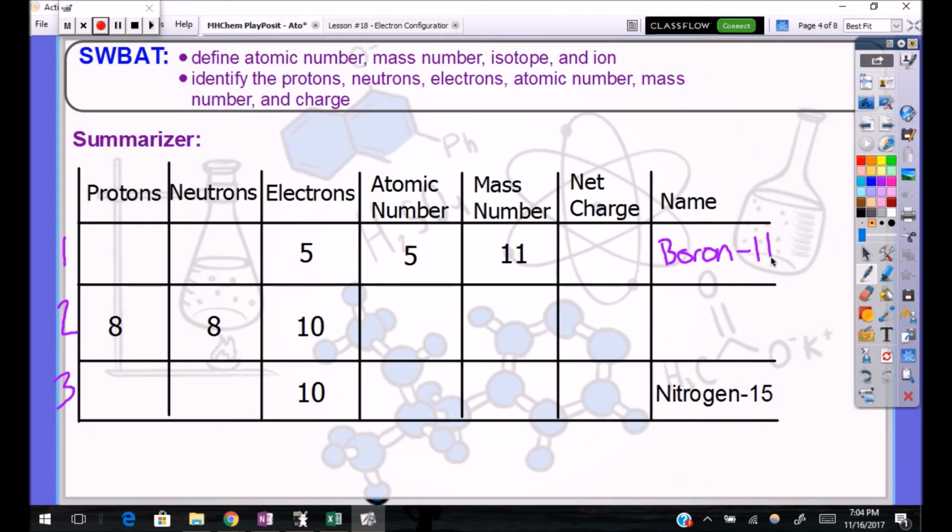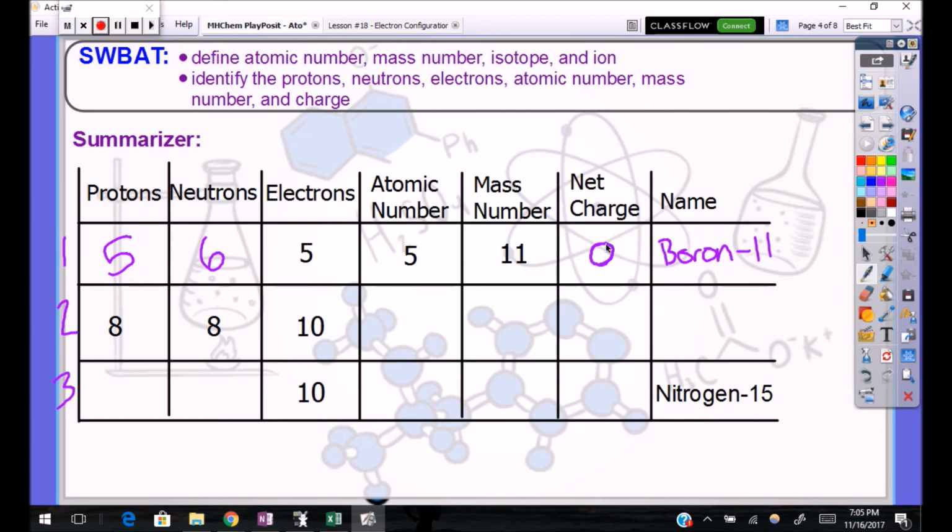We know the mass number is protons plus neutrons, so we can subtract the atomic number from that to get 6 neutrons. So 11 minus 5 is 6. We also know the atomic number and the protons are equal to each other. The last thing we need to figure out is our net charge, which is protons minus electrons. 5 minus 5 is 0. This is a neutral element.